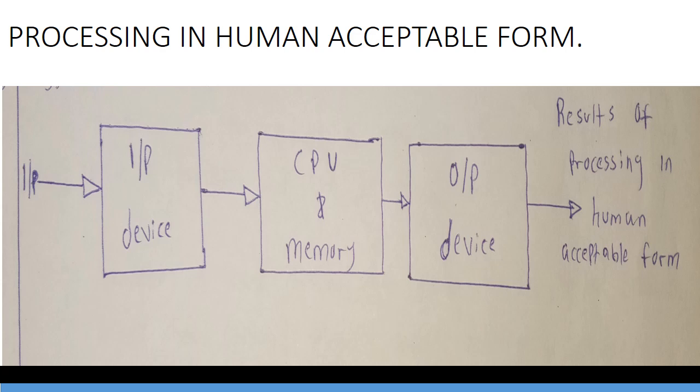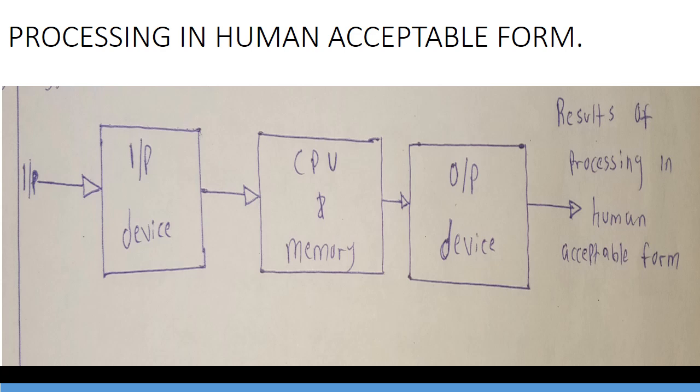So these output devices, the acronym is known as OP. The output devices provide means of visualization of images, videos, and so on. So this is the output result of processing in human acceptable form.